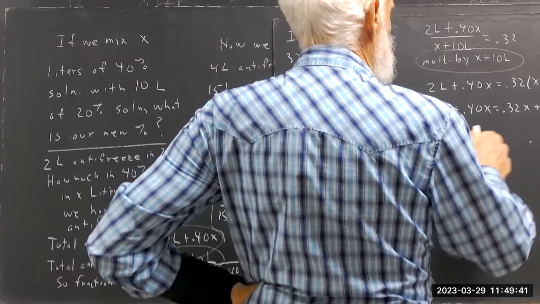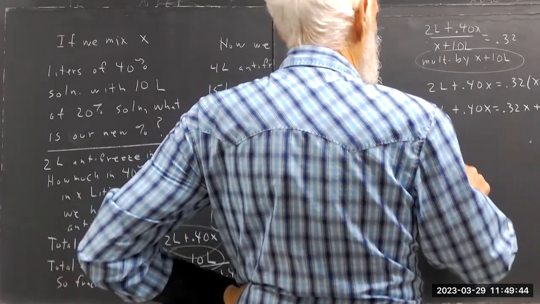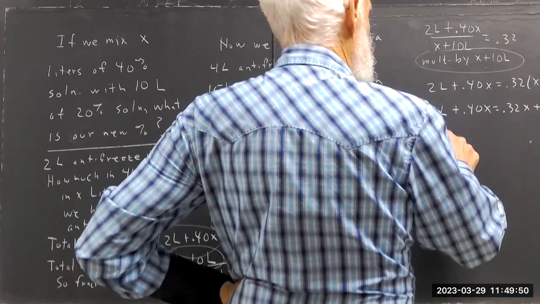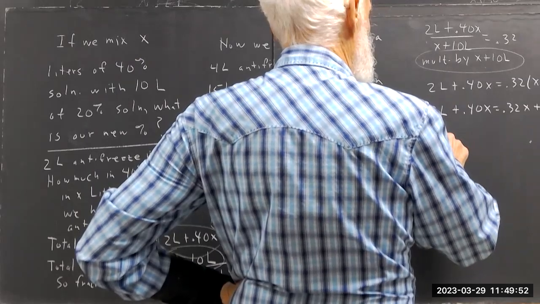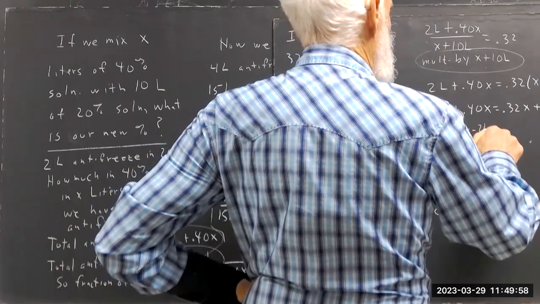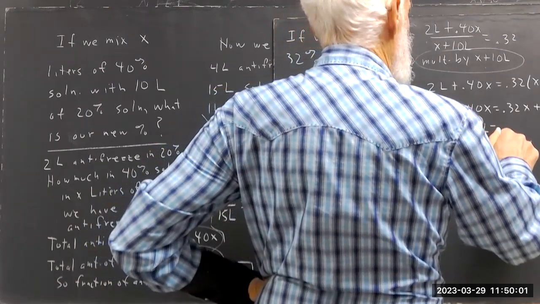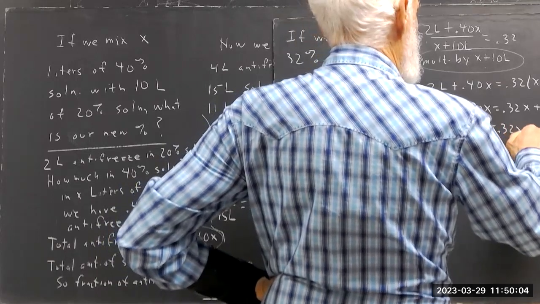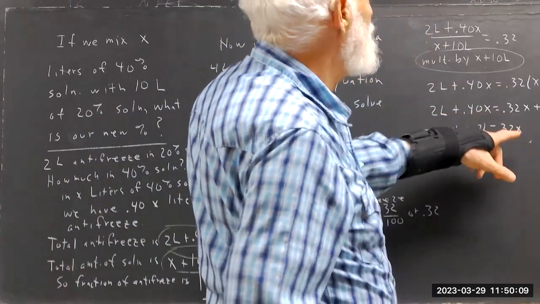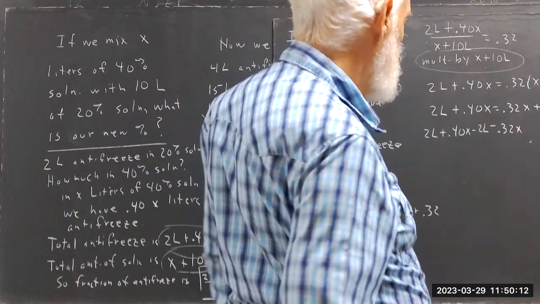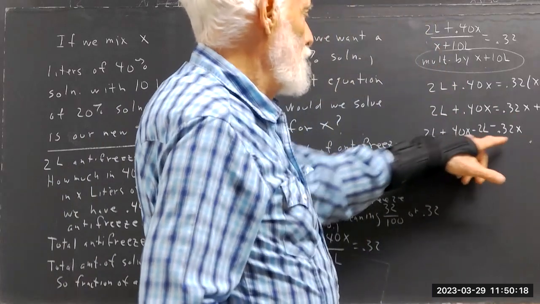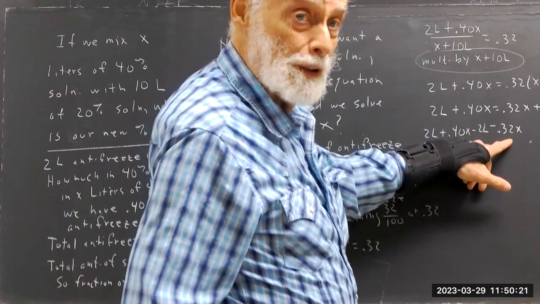And now we bring our X's over here and our liters over here. We're going to subtract 2 liters from this side, and subtract 0.32x from this side. So on this side, the 2 liters will subtract off, and we just end up with our 0.08x.